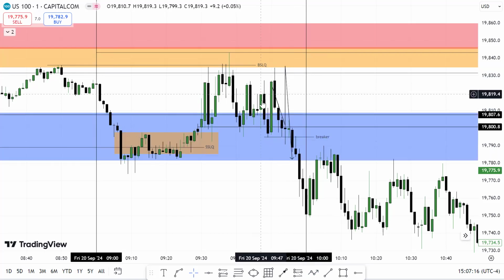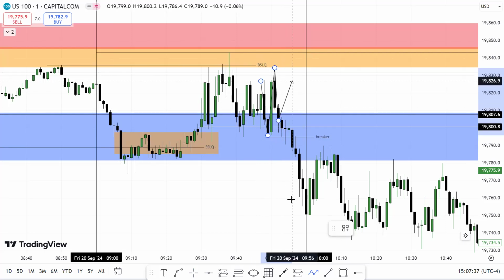So we have this here. Let me go back again to the explanation. You see it coming down here, taking out this high. So originally it should have just come back to this other block and continued higher.